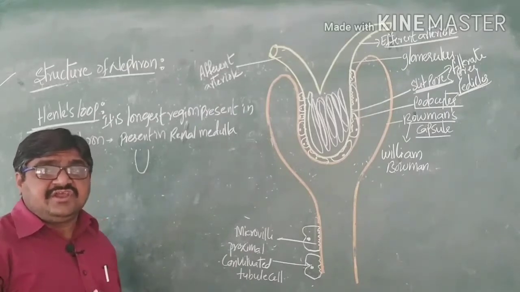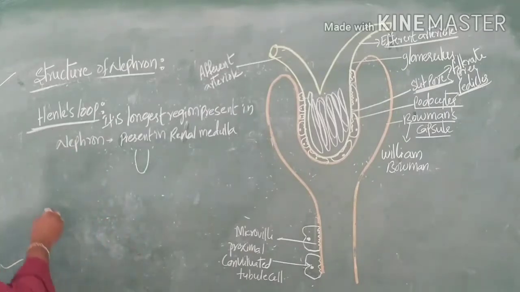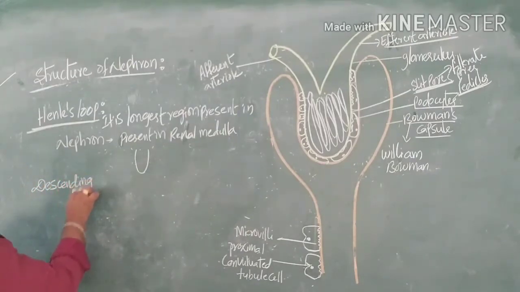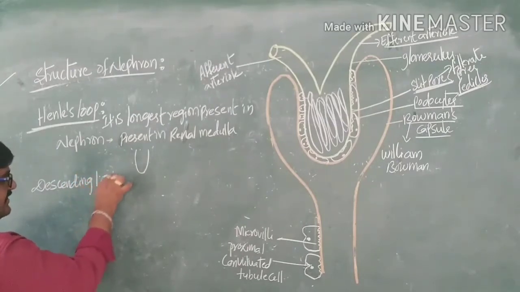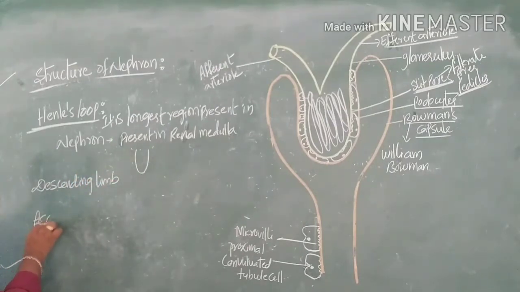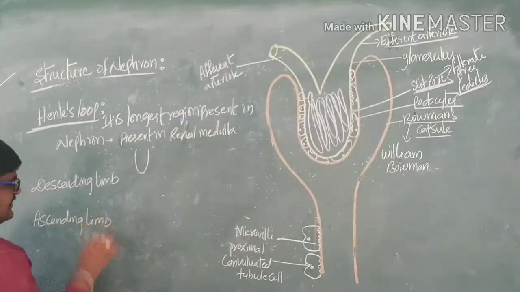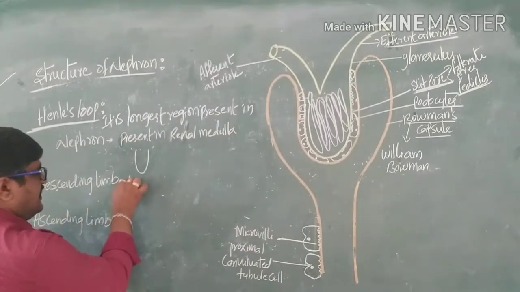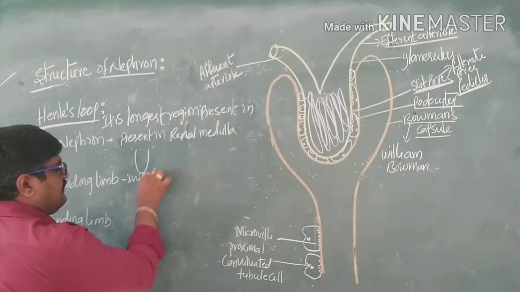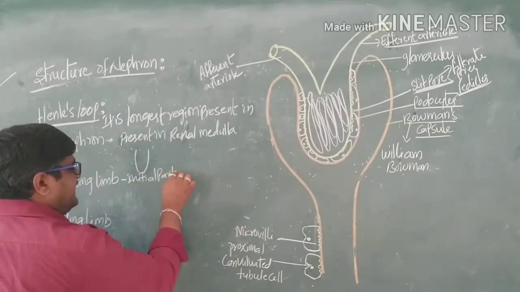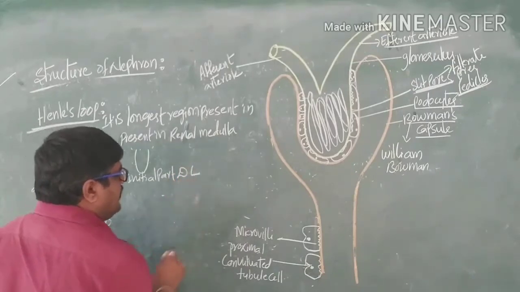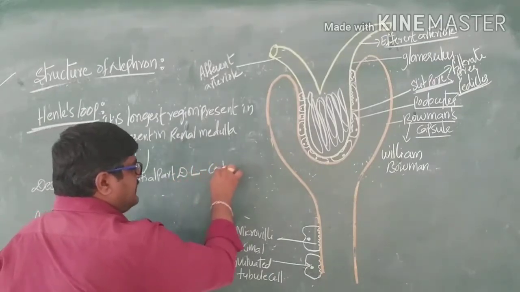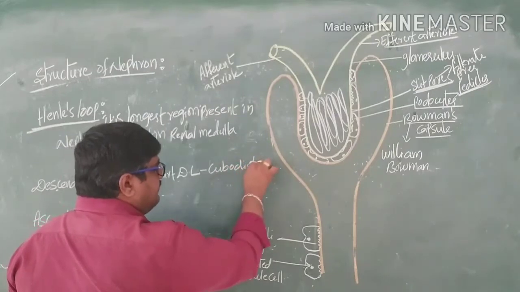It is differentiated into two regions: the descending limb and the second one, the ascending limb. The descending limb, the initial part, is made up of cuboidal epithelial cells.